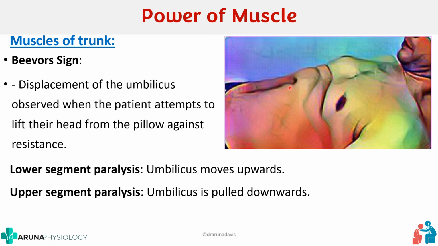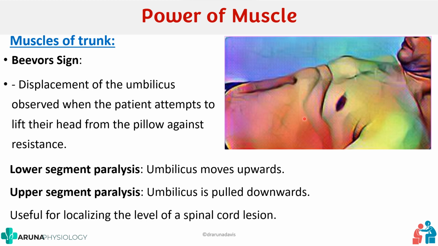This displacement of the umbilicus when the patient attempts to lift their head from the pillow against resistance is called Beevor's sign, and it occurs because of paralysis of the abdominal muscles. This is important because it is useful for localizing the level of a spinal cord lesion, whether it is an upper segment or lower segment paralysis. So that is Beevor's sign.